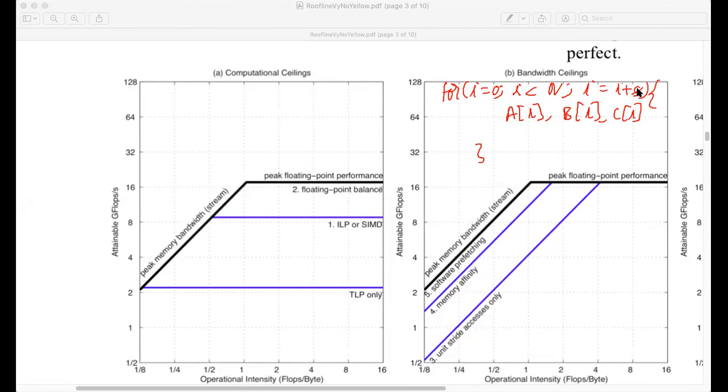You're not accessing consecutive elements of the arrays A, B, and C. You are accessing every S-th element. Let's say if S is equal to 4, you are accessing every fourth element of the arrays A, B, and C. This is what is called a strided access. The stride is 4. So when the stride is 4, the spatial locality of the program will be bad.